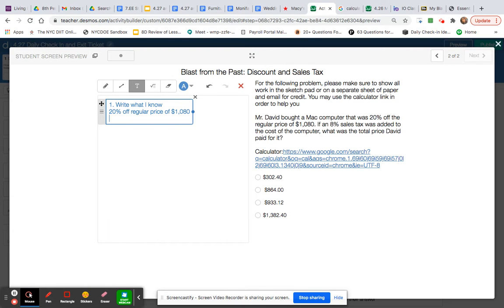And I also know that an 8% sales tax was added afterwards, right? So if I'm looking here, I could just go now to step 2. I just want to first write down what I know, and then we're going to get into the calculations.